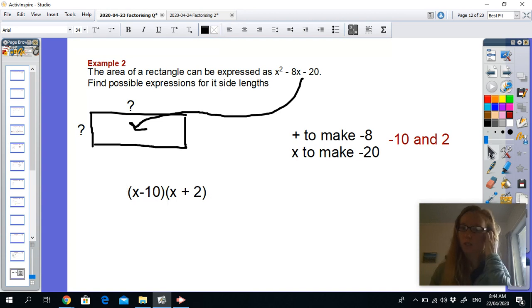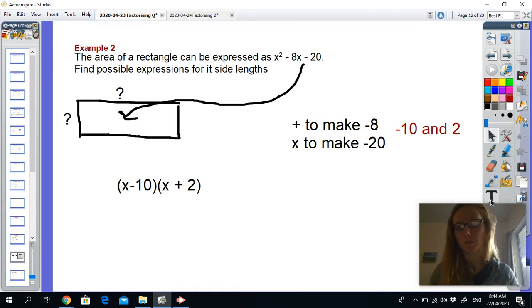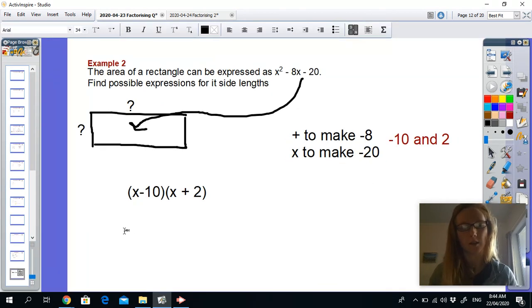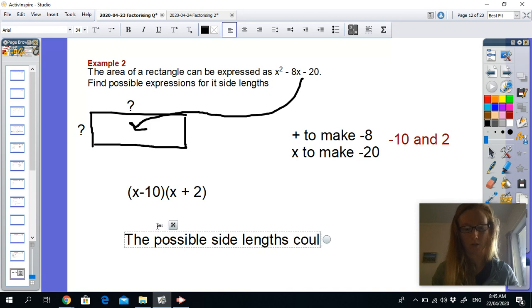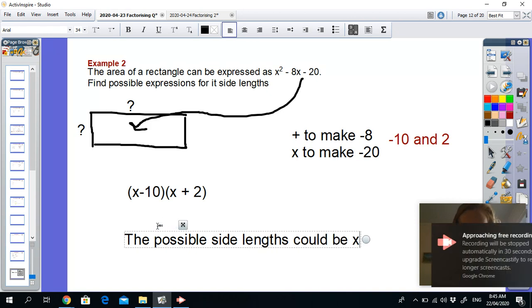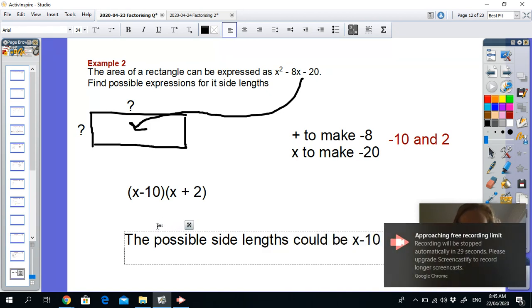Just be careful, because if you're answering a question like this, you need to then put your answer in context. So the possible side lengths would be x minus 10 and x plus 2.